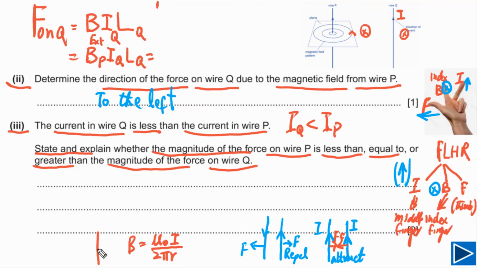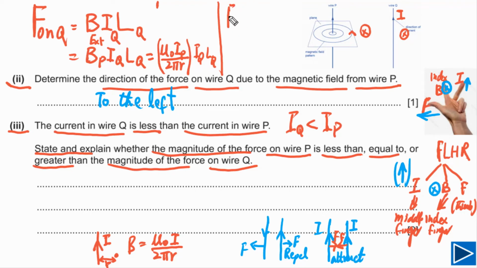For example, if this is a wire, let's say the current in this wire is I, and we want to find the magnetic field at this point, we can use mu naught I over 2 pi r, where r is the distance between the wire and that point. So BP we can replace with mu naught IP divided by 2 pi r, multiplied by IQ times LQ. This is how we can find the magnitude of force on wire Q.